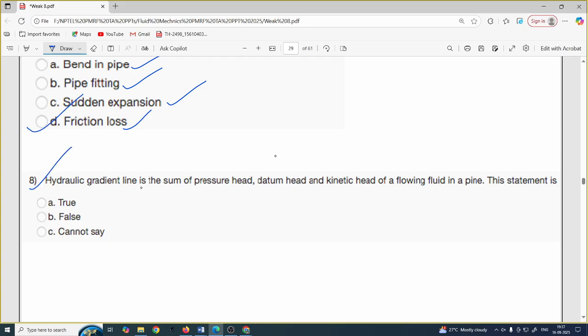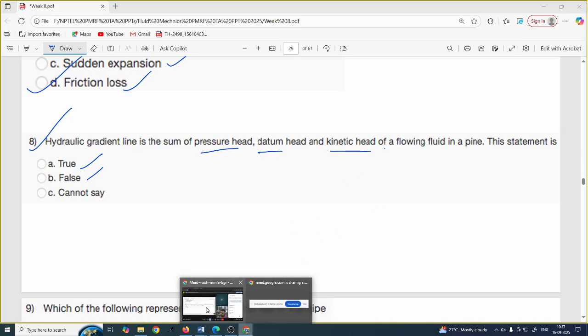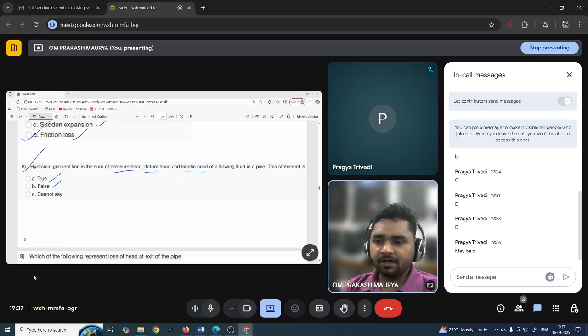Okay, next question. Hydraulic gradient line is the sum of pressure head, datum head and kinetic head of the flowing fluid in a pipe. This statement is true, false, or cannot say. For question number 8, this is a very important question. So please just try to write your answer, or if you do not know, you can search.